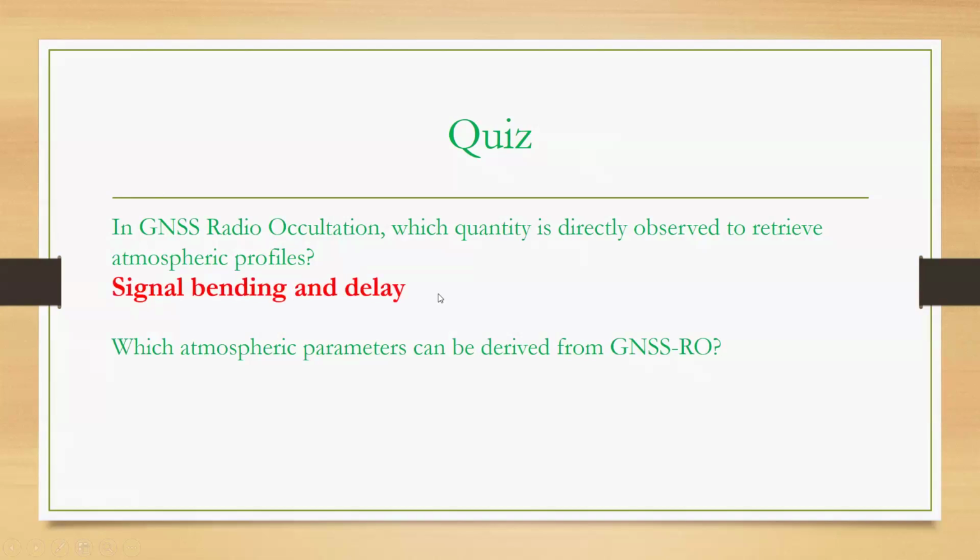measure the other parameters. And then which atmospheric parameters can be derived from GNSS radio occultation? Yeah, you can just mention on the chat boxes, just to know you are following. So which properties can we derive? Which atmospheric properties can be measured by this remote sensing procedure?